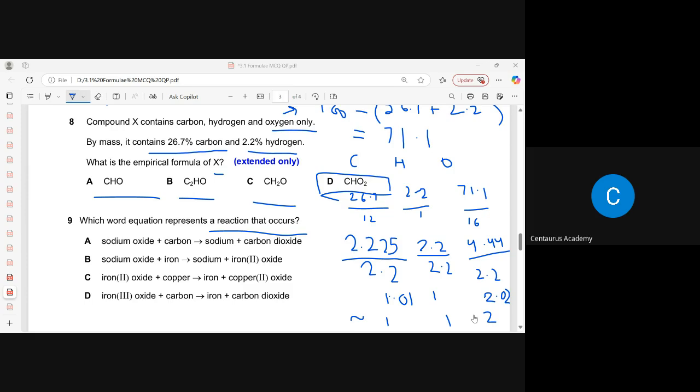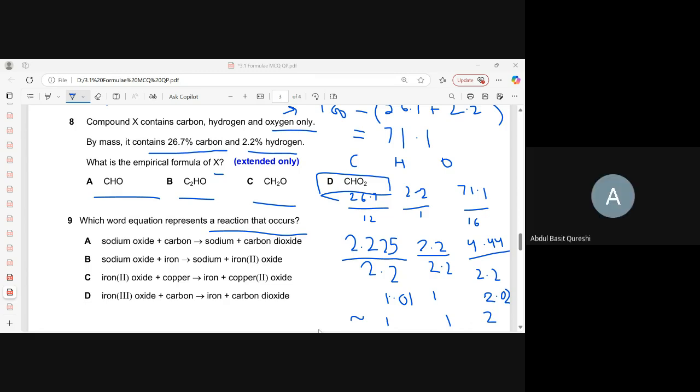The more reactive element or the more reactive metal is going to displace the less reactive one. B, C or D?